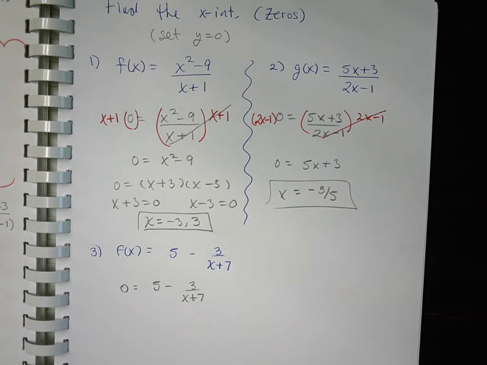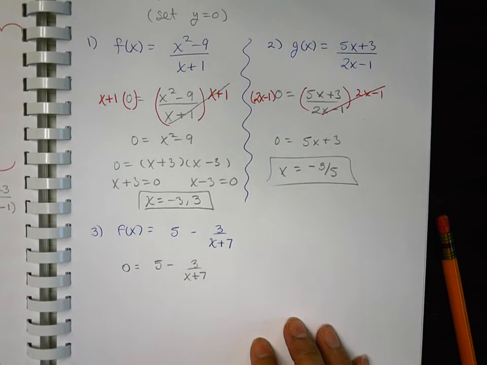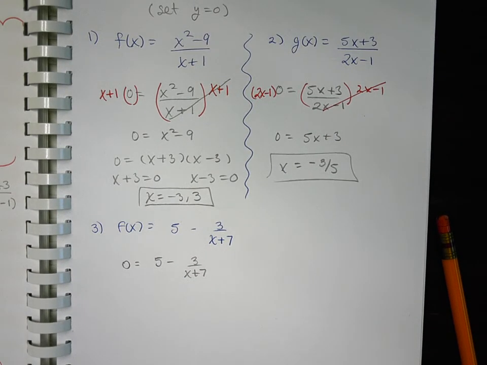And what do we multiply both sides by? Is this one different? Can I still multiply both sides by x plus 7? But when I do that, I have to multiply it to the 5. I should have asked first, what would you guys do? Because some kids have said move the 5 over, some kids say leave it. Most of you say move the 5 over. Okay, so subtract the 5.